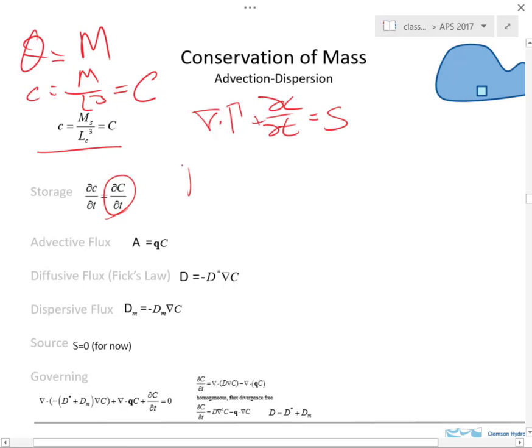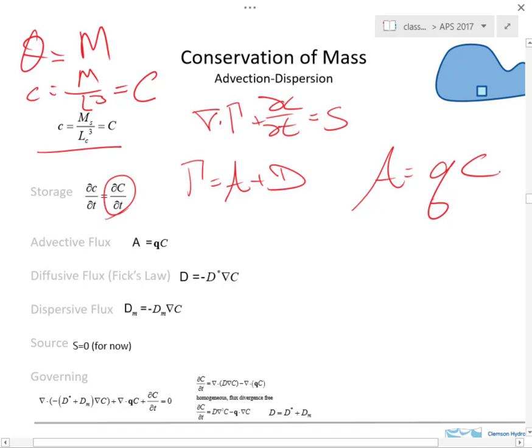And now the flux, we've got advection and diffusion and dispersion. Well, we've got an advective flux and a diffusive flux. The advective flux is just going to be the flux from the fluid flow times the concentration.